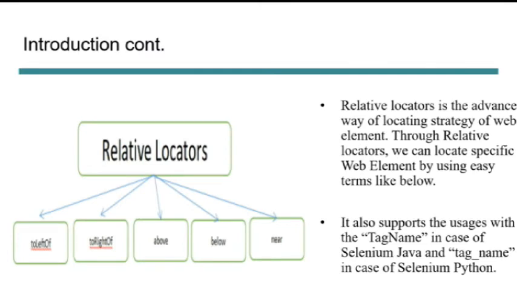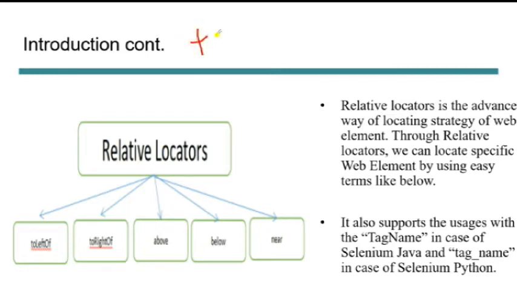Relative locators are actually an advanced way of locating web elements. Through relative locators, we can locate a specific web element by using easy terms like you can see here: to left of, to right of, above, below, and near. There are around five relative locators.